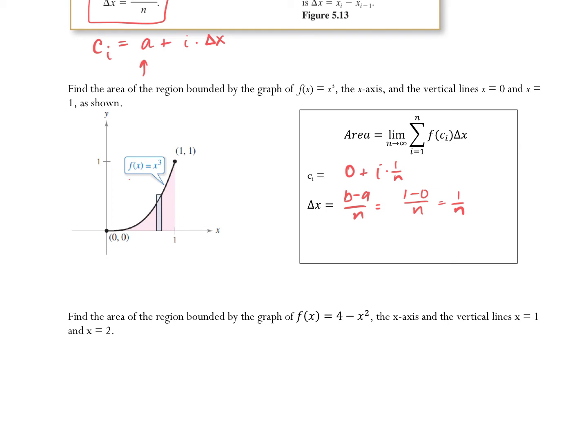Okay, so what we want to do is find the limit as n approaches infinity of f of CI times delta x. That's what we're going to do every time here. Okay? Well, in this scenario, that'd be the limit as n approaches infinity. Are you cool if I simplify CI, 0 plus I times delta x, to just be I over n? Is that comfortable?